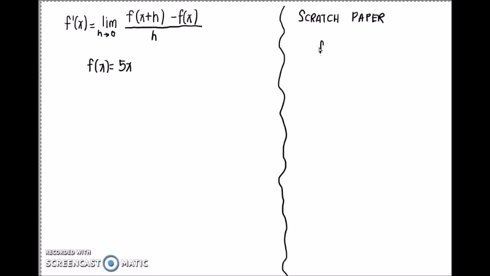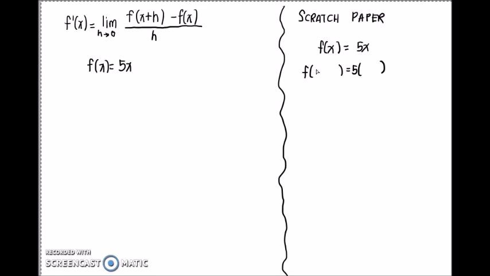Okay? So, first, balik tayo dun sa f of x plus h. So, balik tayo dito kay scratch paper. So I have to find f of x plus h, which means that I will have to replace all the x's on the original function with x plus h.